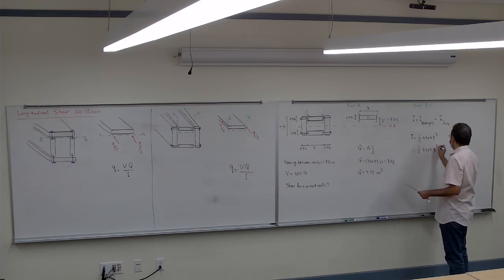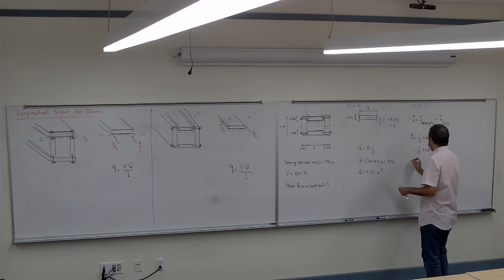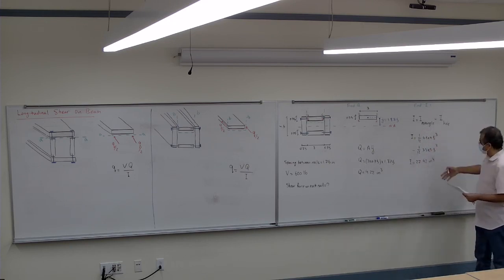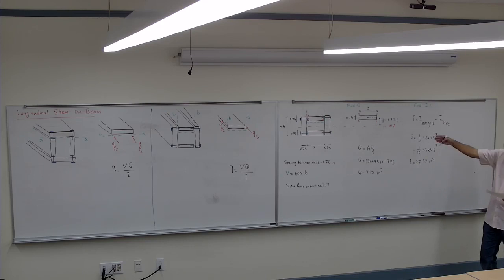Which here becomes 27.42. Again, if you get confused or forget, you can calculate the I for all four and add them together.